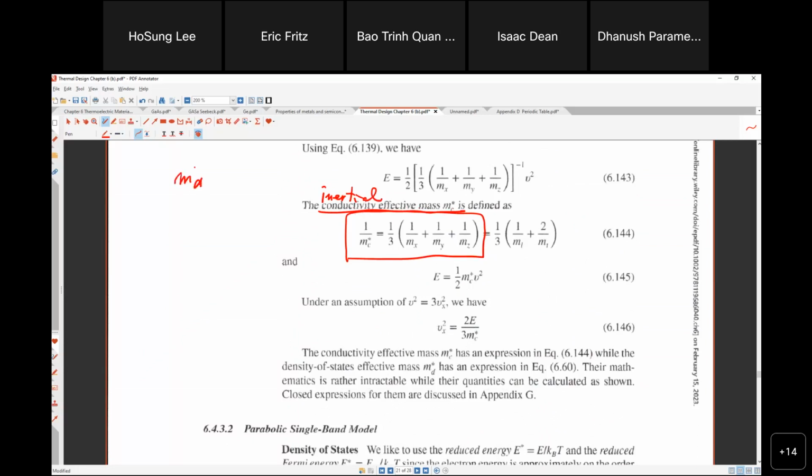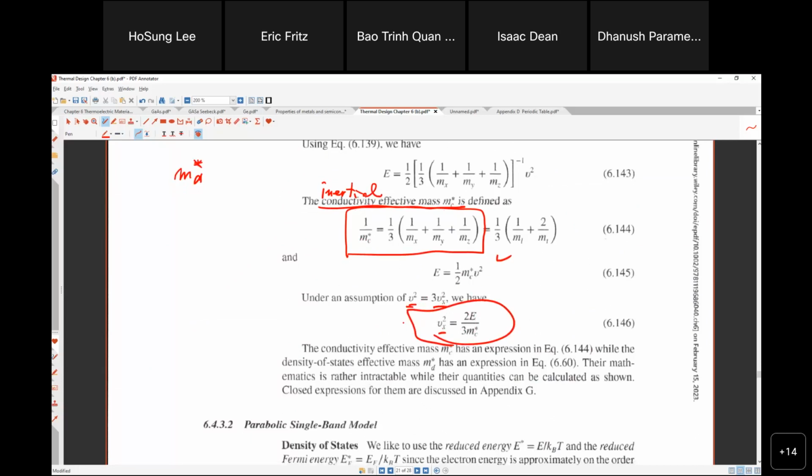M_d is the density of states. But now we have conductivity, and we'll discuss more. It turns out that because the velocity is the same in 3 directions, in the x direction in terms of energy it is 2E over 3. So we use this for one direction. Okay.